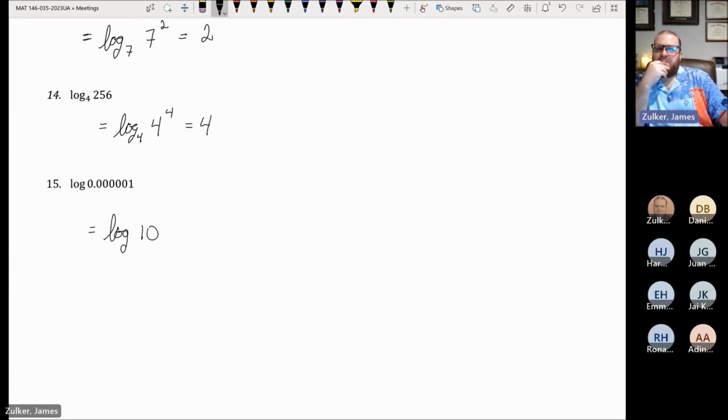That decimal is what power of 10? Yep, it's -6th power. That means our log is equal to -6.